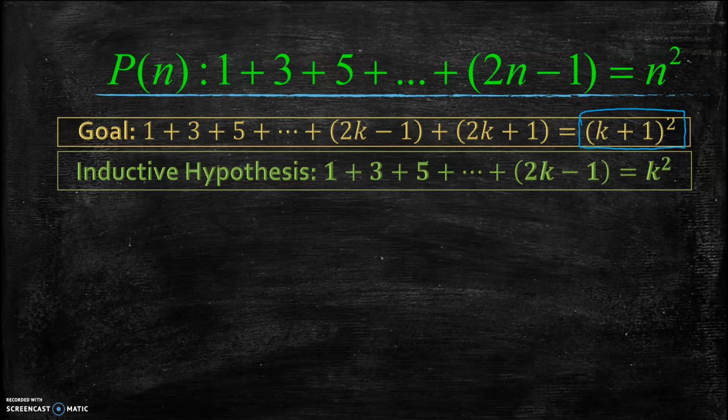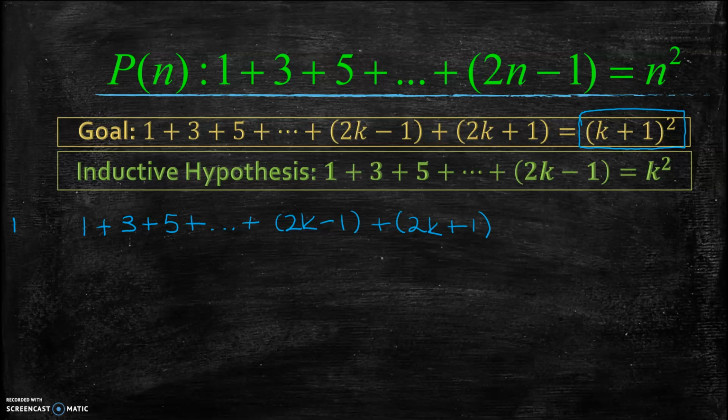And so we start with 1 plus 3 plus 5 plus dot dot dot 2k minus 1 plus 2k plus 1.